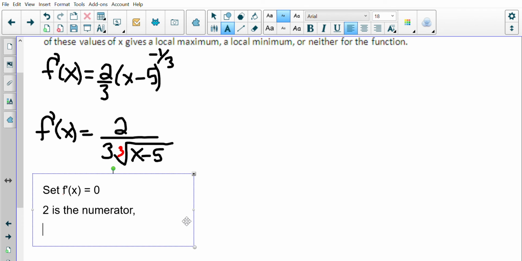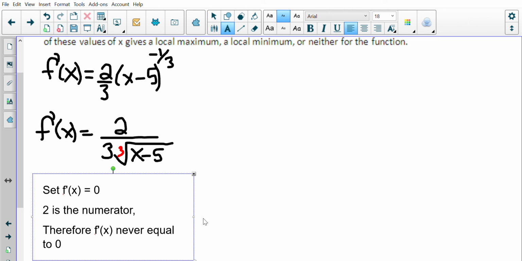And because 2 is the numerator, therefore f prime of x is never equal to 0. So we don't have any critical numbers from doing that.